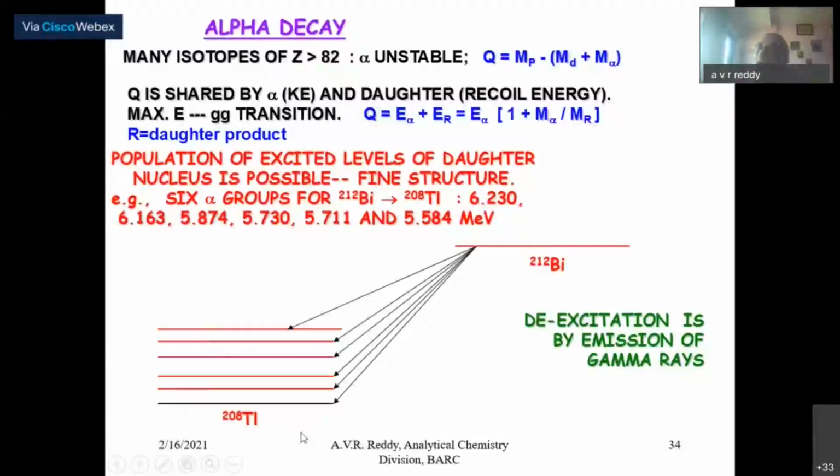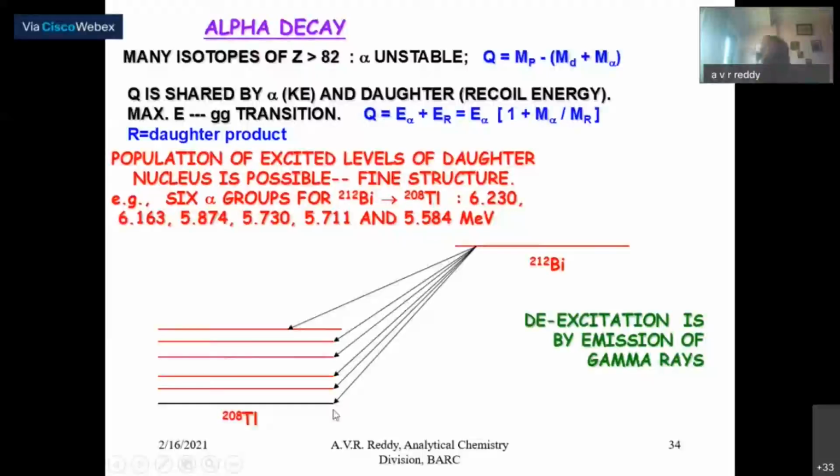Then they could attribute these different alpha group energies to the different energy levels of the daughter. So what is happening? The parent nucleus is undergoing the decay. When it populates the ground state of the daughter product, I wrote here alpha 0, that is the maximum value.